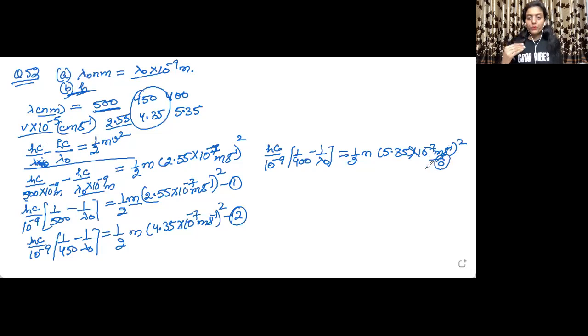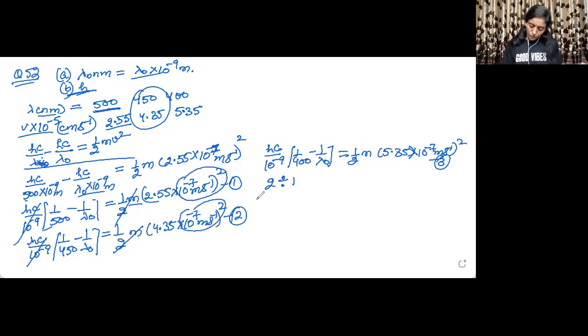Now, to find out lambda naught, take any two of these equations and divide one equation with the other. Take any of the three, whichever you like. I'm doing 2 divided by 1. When we divide, the common factors will get cancelled out. So this will get cancelled, this will get cancelled, and this portion will also get cancelled.